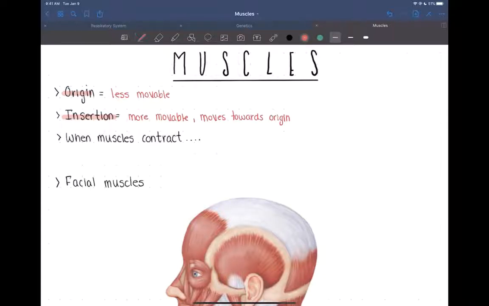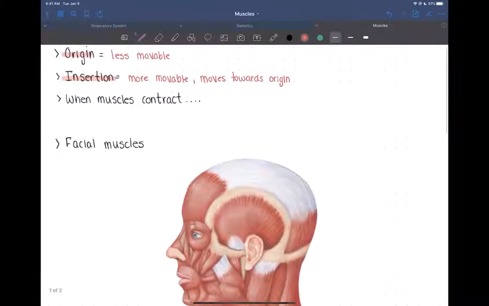All right. And so one thing with muscles to keep in mind is what happens when a muscle contracts. Okay. So when a muscle contracts, it is going to get shorter. Okay, so when muscles contract, they're going to shorten. All right, and that's the one thing that I want you to always keep in mind. So when a muscle contracts, it gets shorter.